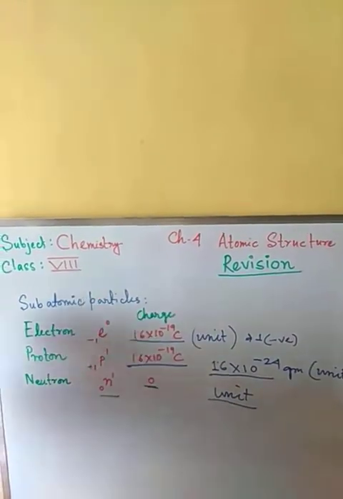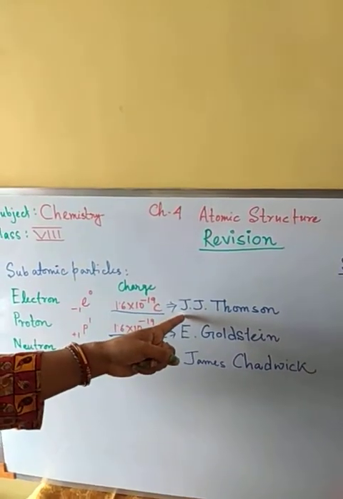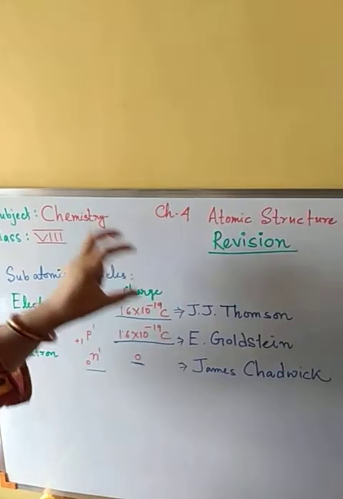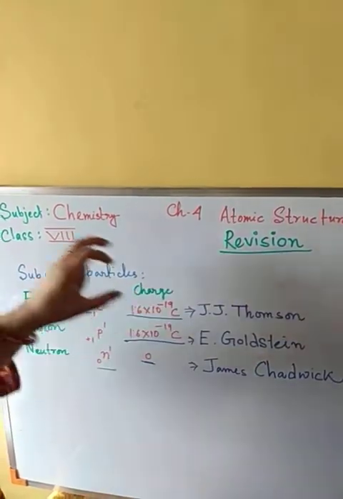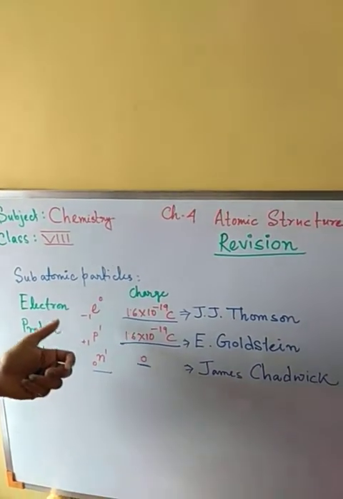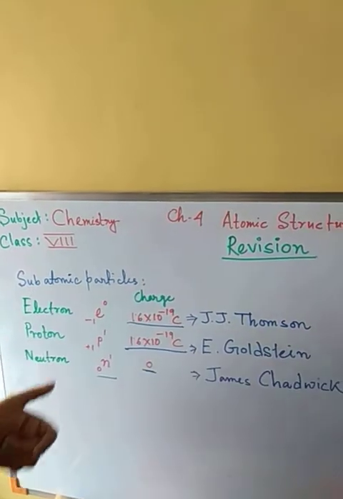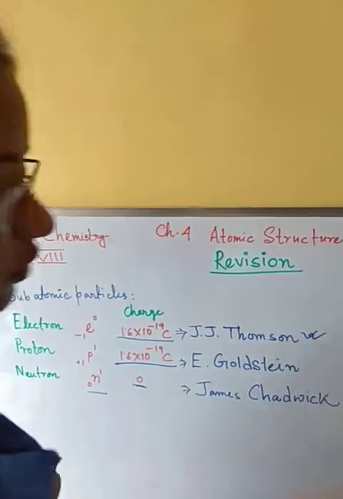Okay, and electron was discovered by J.J. Thomson. He worked on this, he named electron, and he explained the characteristics of electron. So for the discoverer of electron we will be taking the name of Thomson only.